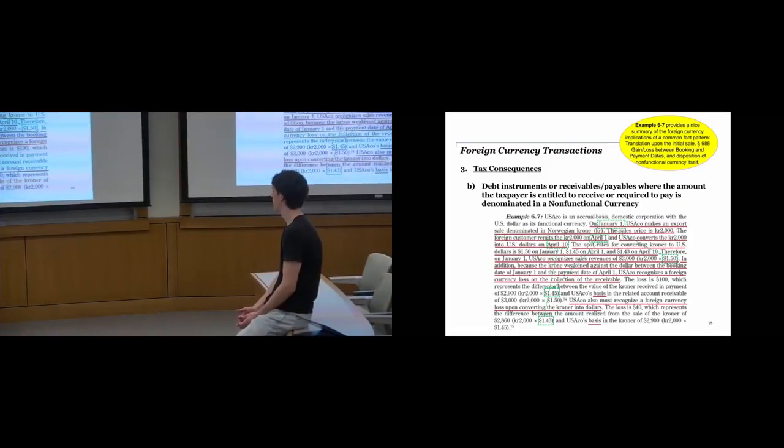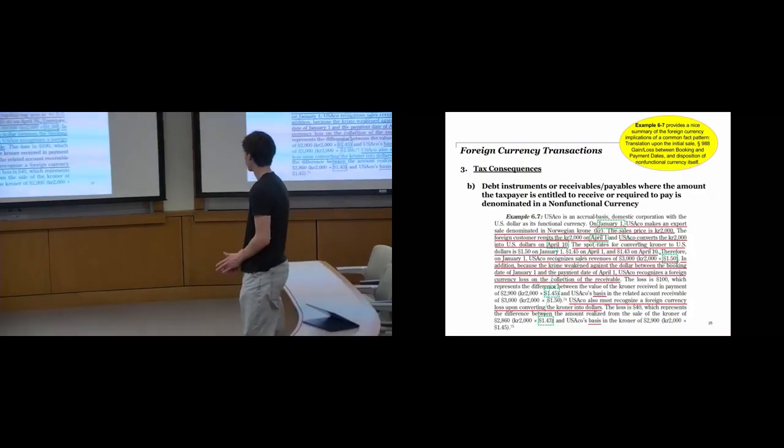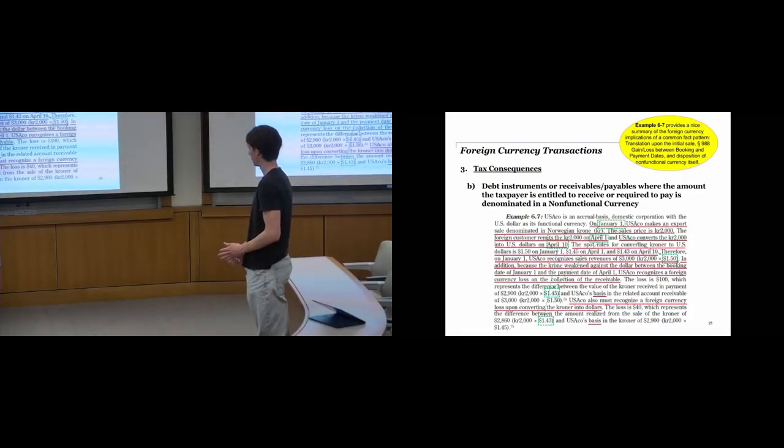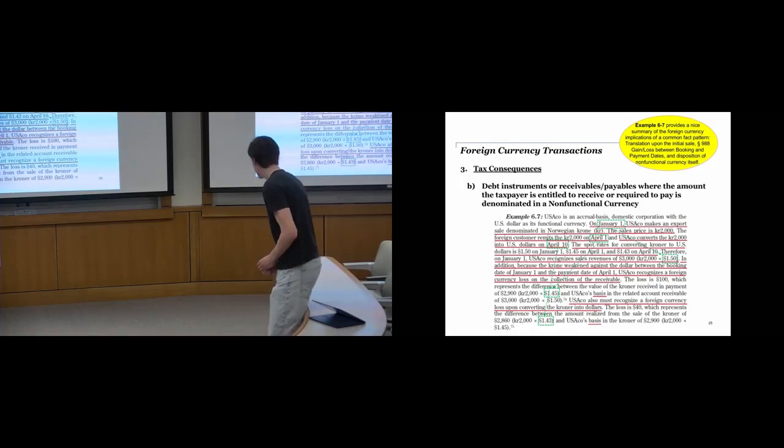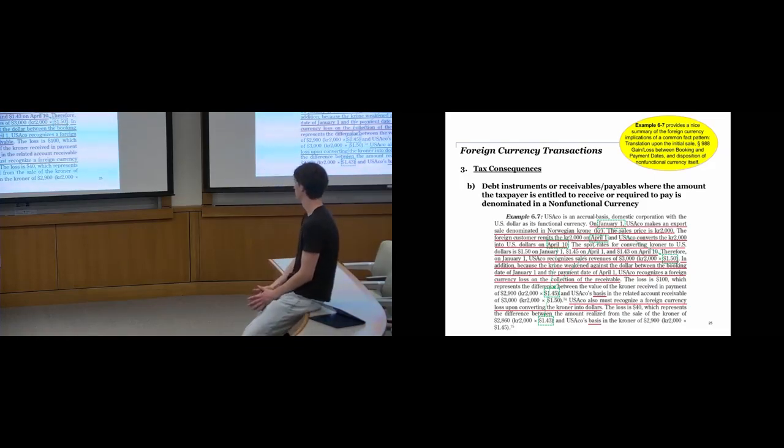Okay. Spot rates for converting kroner to U.S. dollars is $1.50 on January 1st, $1.45 on April 1st, and $1.43 on April 10th. So that tells me, right, 1 krone buys $1.50 going down to $1.43.